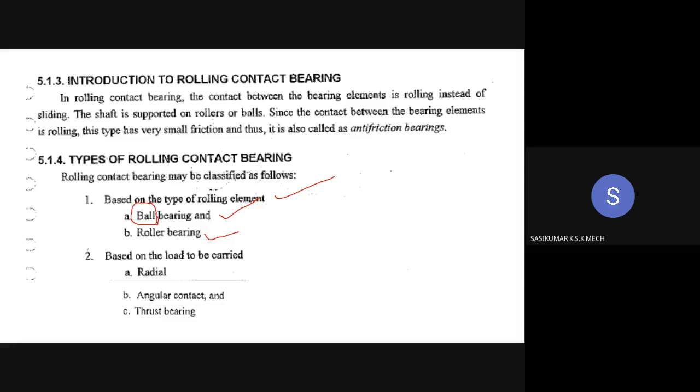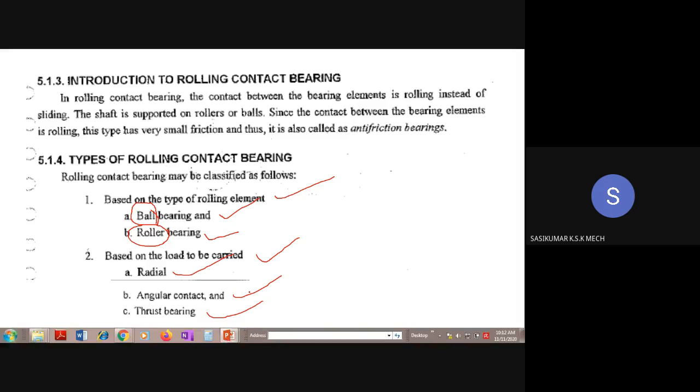If it is a ball, then it is called a ball bearing. If it is a roller, then it is called a roller bearing. And as in the previous case, depending upon the load to be carried, it may be called a radial bearing, angular contact bearing, or thrust bearing. So this classification is based on the nature of load acting on it.